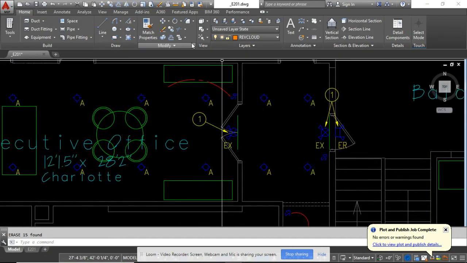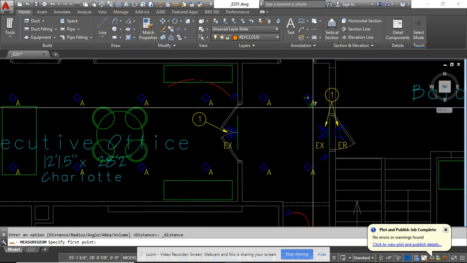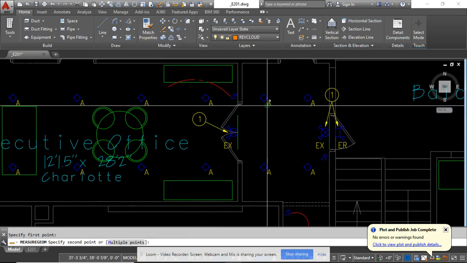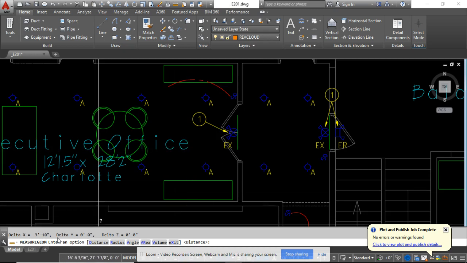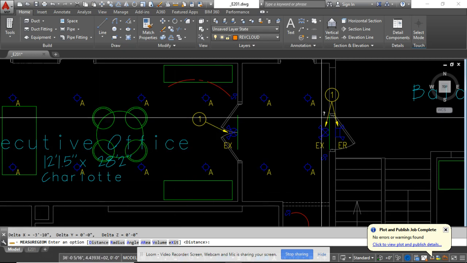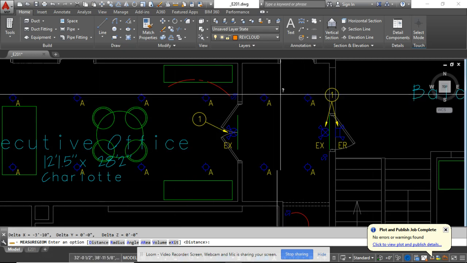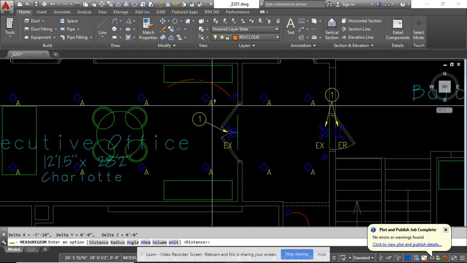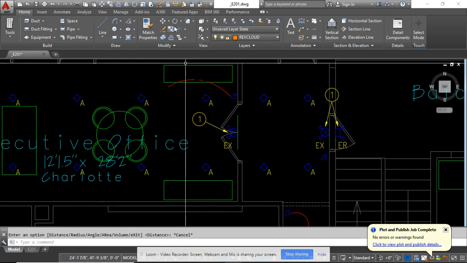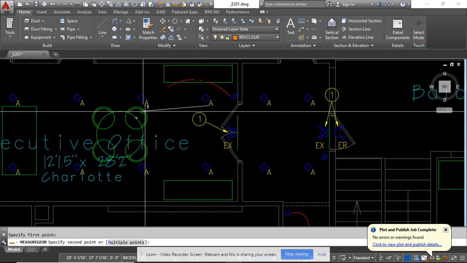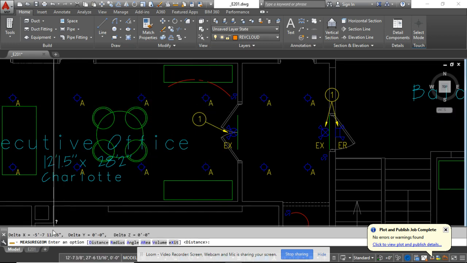If you notice, they don't have to necessarily be the same between spaces, because in this case, these lights are 4 feet apart in this room, but in the room adjacent to it, they're actually a little further apart. They're like 5'8".